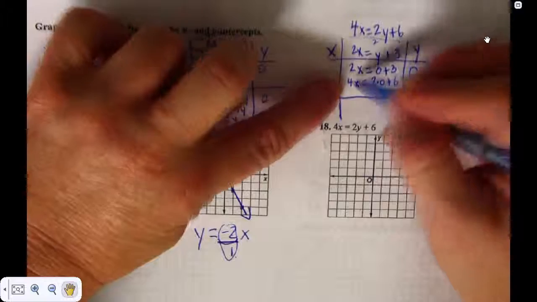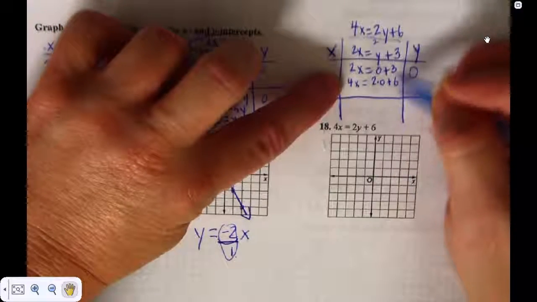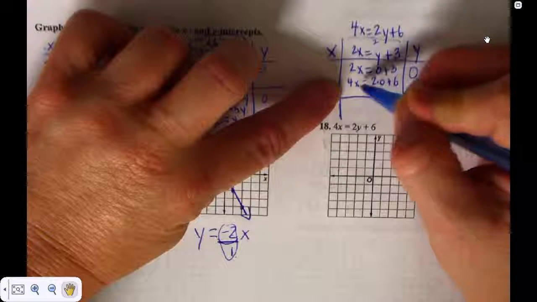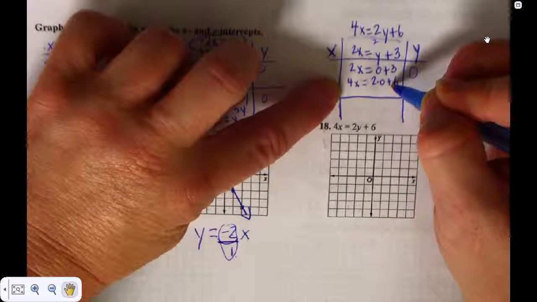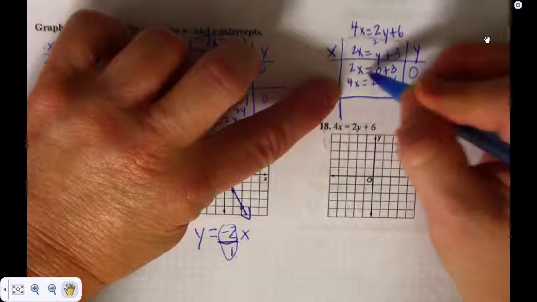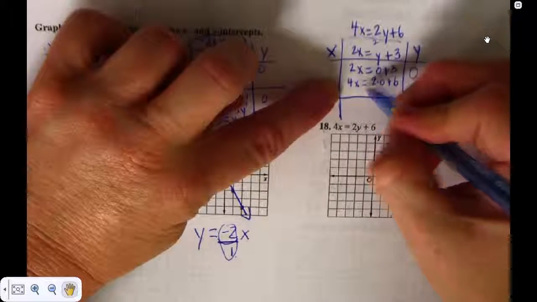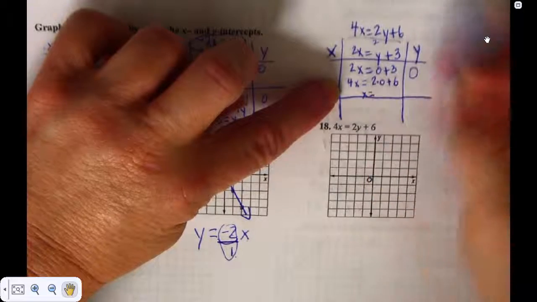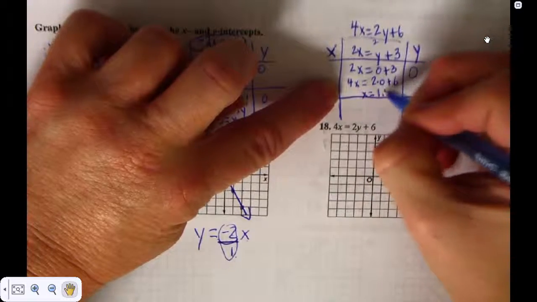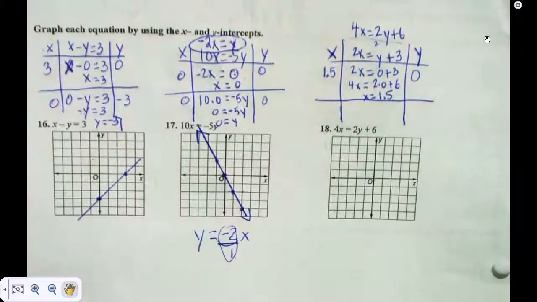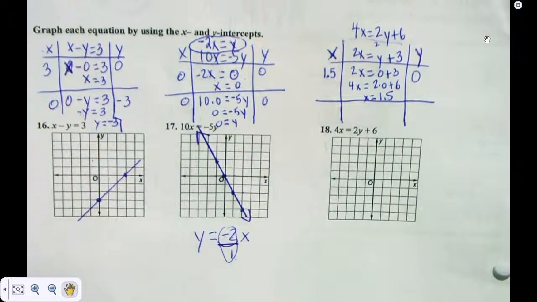So if you did, I should have just worked it one way. You're going to get either 4x equals 6 or 2x equals 3. And so x equals what? 1.5 or 3/2. It doesn't matter. But really, to graph it, it's better that you go ahead and put in decimal.